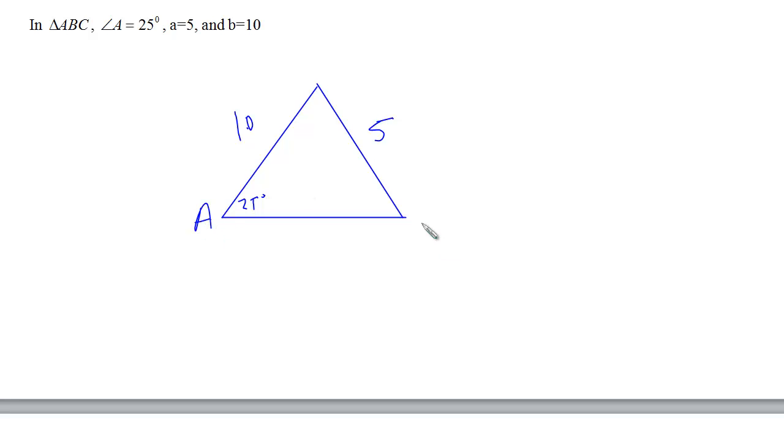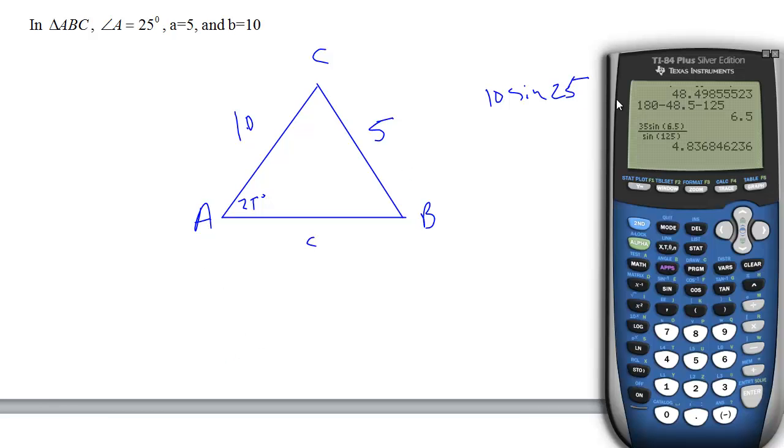So here's A. Now, first thing I want to do is check these and see clearly it's less than. So in this case, now I need it to be more than B sine A. So that would be 10 times the sine of 25. So let's look at that. And that is 4.22. So it is more than that.